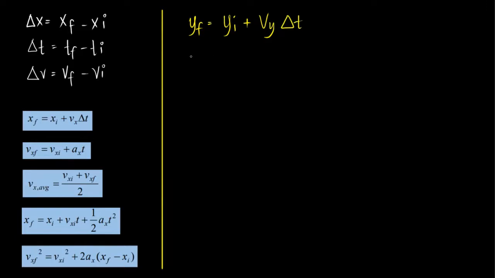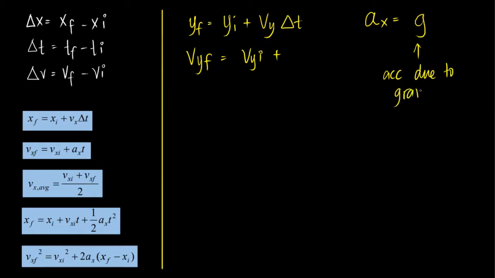And then that's vy final equals vy initial plus at. In free fall, guys, ang aton nga acceleration is equal to acceleration due to gravity. In our class, guys, ang aton nga acceleration due to gravity is 9.81 meters per second squared.